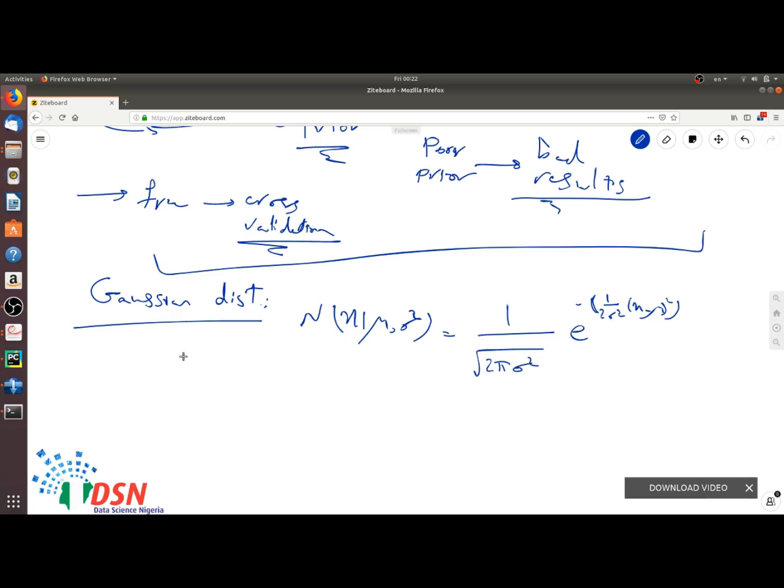We call this parameter mu the mean, sigma squared the variance, and the square root of sigma squared the standard deviation.